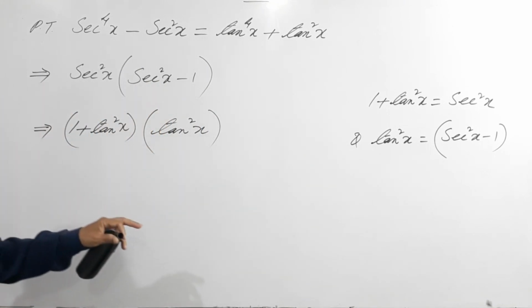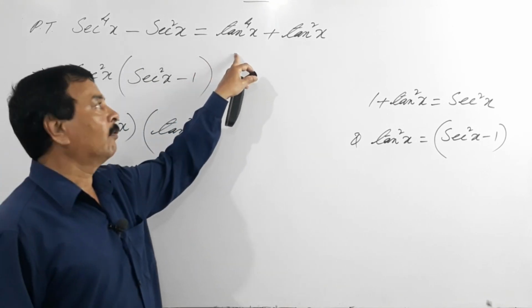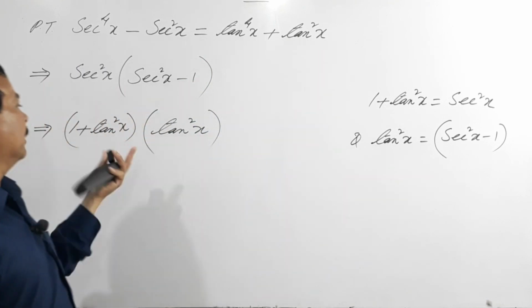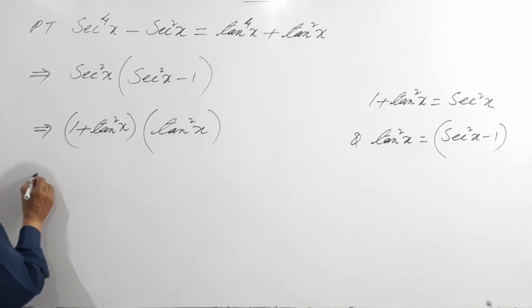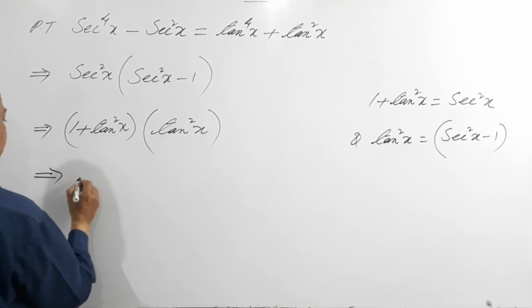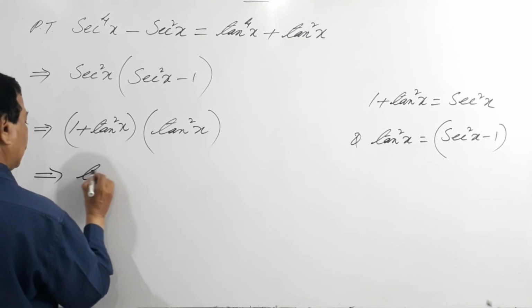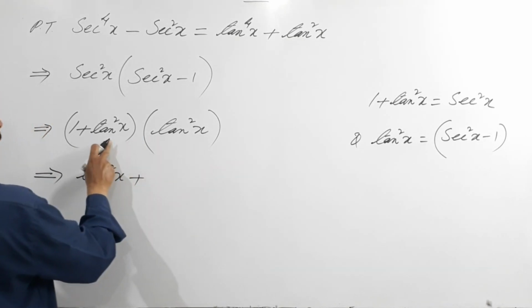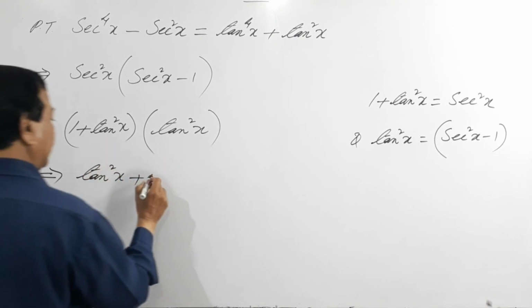Now what you have to do: we want tan to the power of 4x plus tan square x. Multiply it, you get it. By multiplying, tan square into 1 is tan square x, plus tan square x into tan square x is tan to the power of 4x.